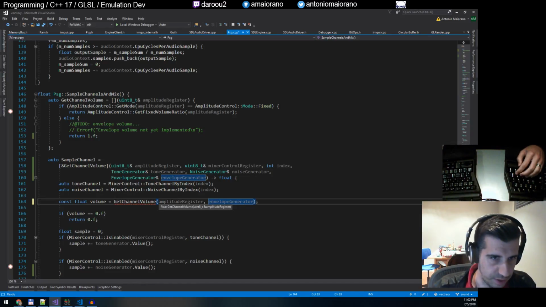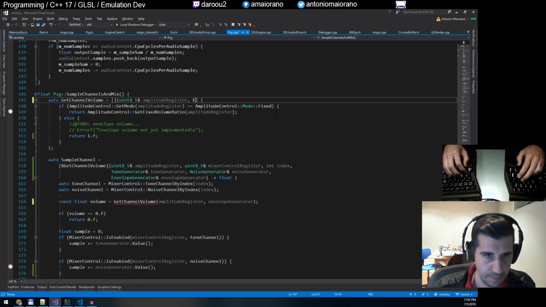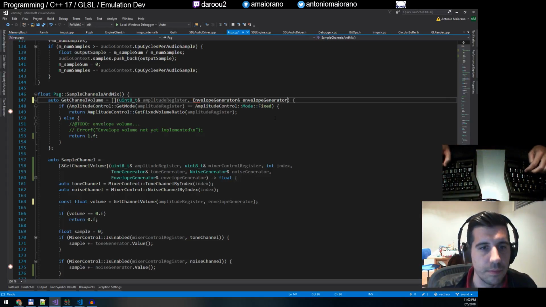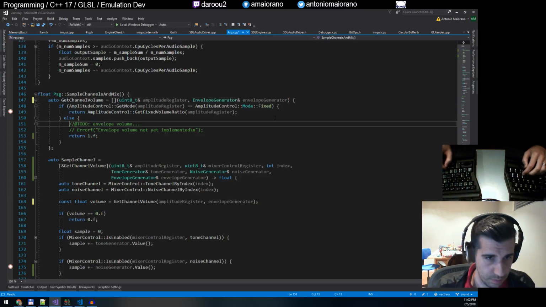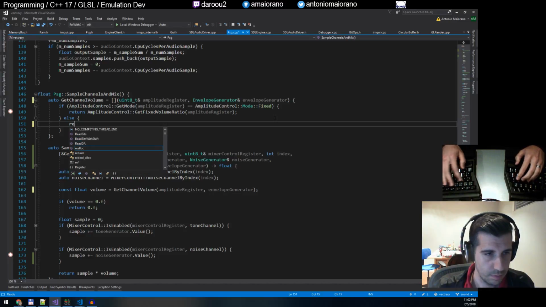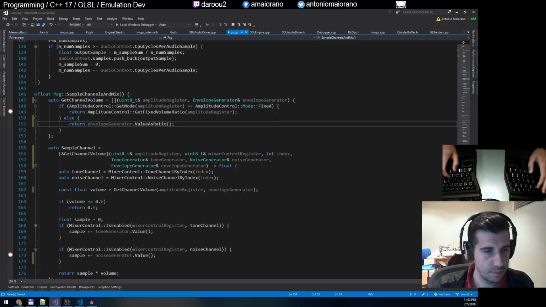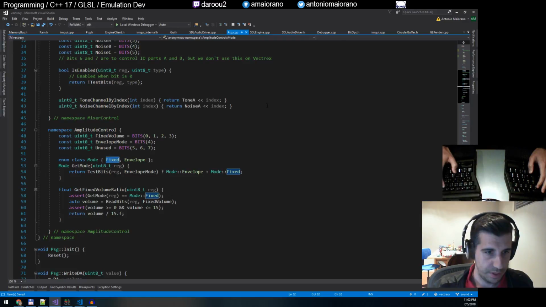Pass it our envelope generator. So if our amplitude mode is not fixed, that means we expect to use the envelope.